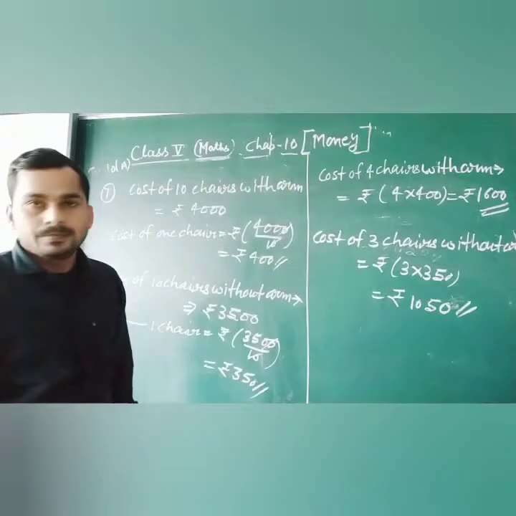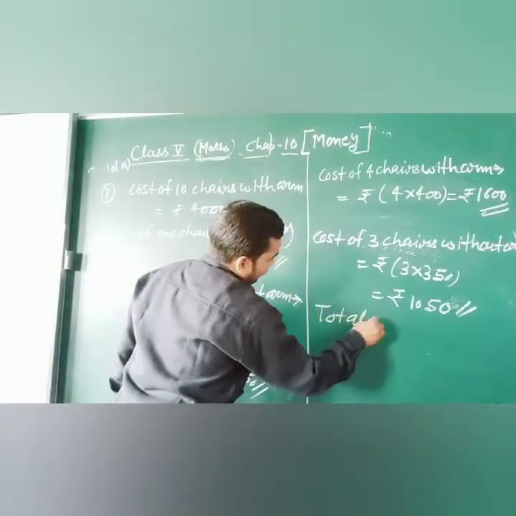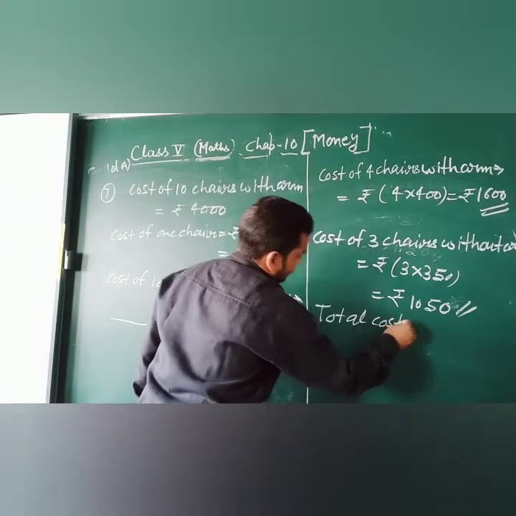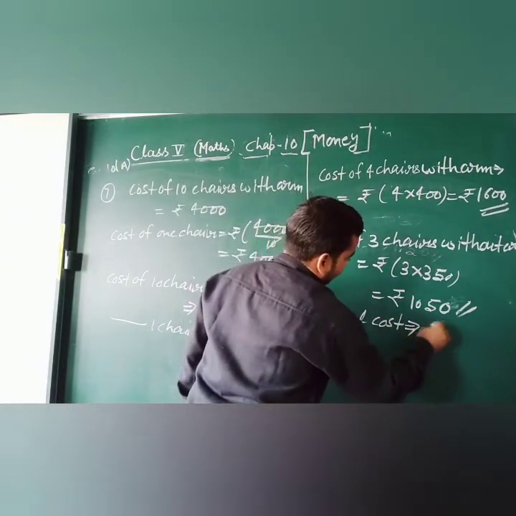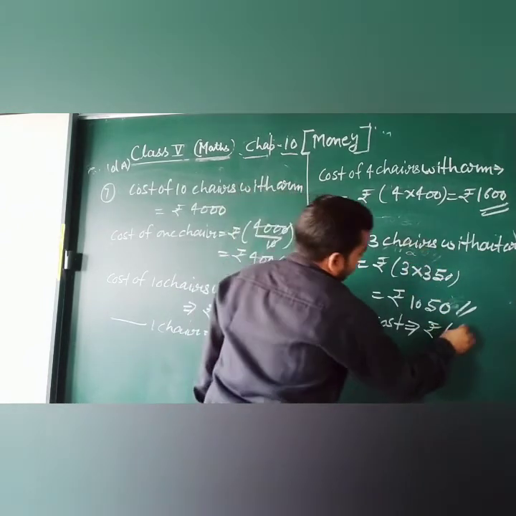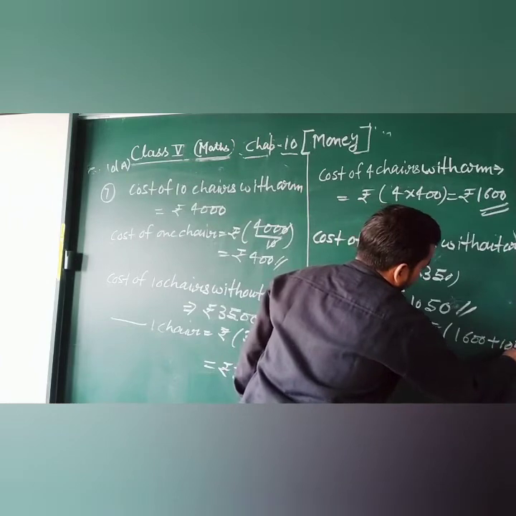So total cost equal with arm 1600 and without arm 1050.